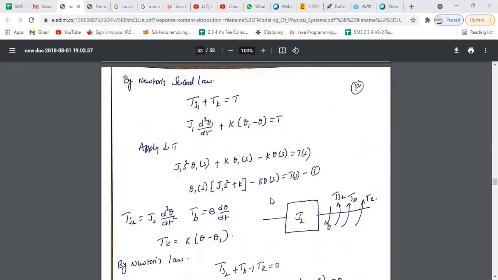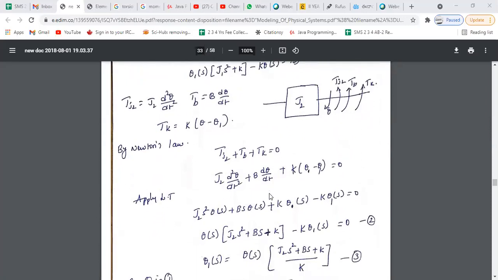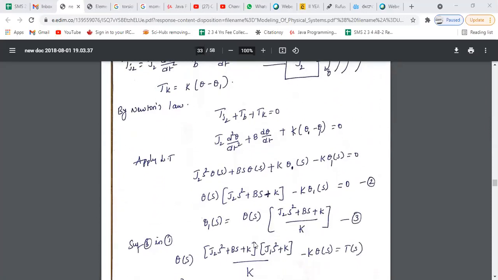Right. So coming to the second equation. This is the second differential equation, which after substituting the torque balance equations and applying Laplace transform gives J2 s square theta of s, B s theta of s, and splitting this term, k theta of s minus k theta 1 of s.